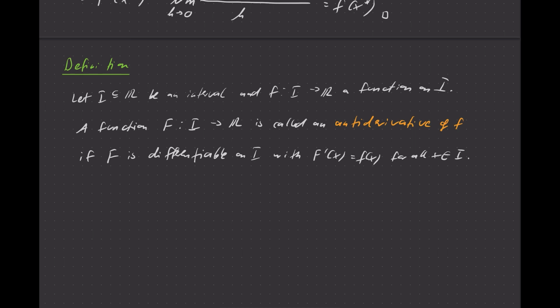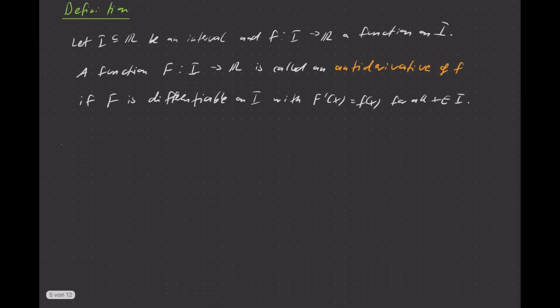As a remark, the antiderivative is not necessarily unique, or it's usually not unique. More precisely, if we have two antiderivatives of the same function, then they may differ by a constant. And this is what this remark says.